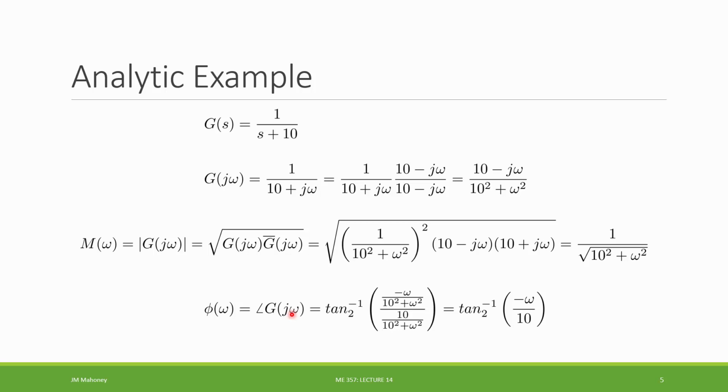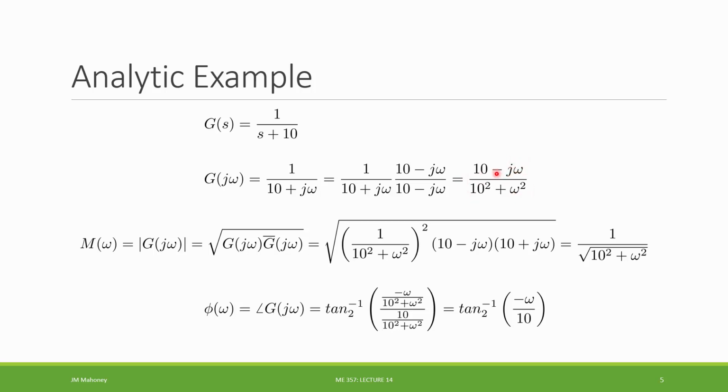Since G is a complex value, coming back up here, we can use the arctangent of the imaginary part over the real part. If we see here, the imaginary part of this, if I don't include the j in it, is this ω over 10 squared plus ω squared.